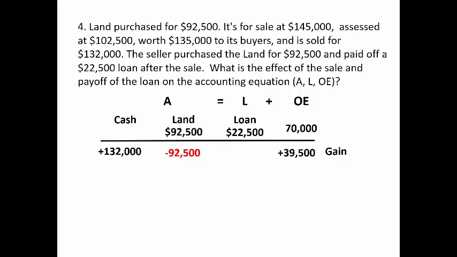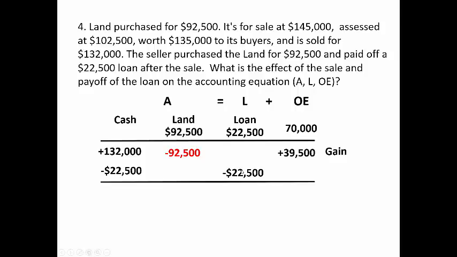Now, there's the gain, and the next thing we're going to do is pay off a $22,500 loan after the sale. So let's do that. Let's reduce cash by $22,500, and let's also reduce the loan $22,500, which makes it zero.